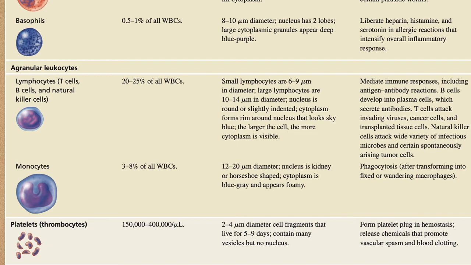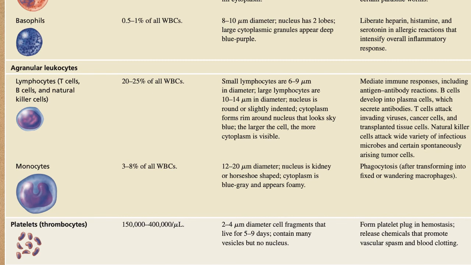And usually, remember the purpose, it's for viral infection, right? Their characteristic is it's small. The small lymphocytes are 6 to 9 micrometers in diameter. Large lymphocytes are around 10 to 14 micrometers in diameter.